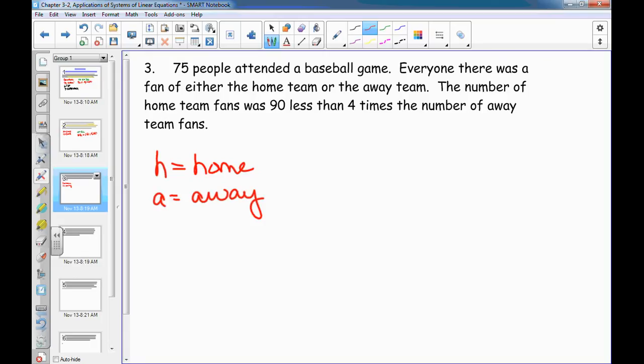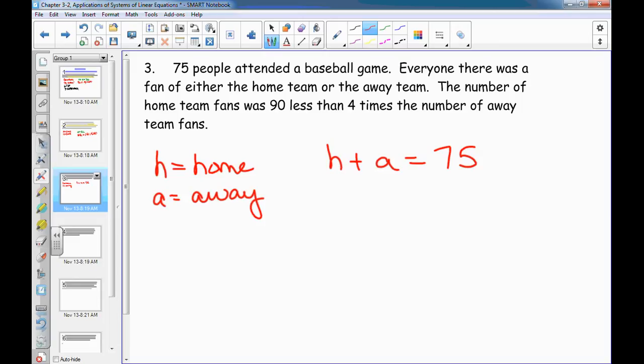So what's my first equation? Good job. H plus A is equal to 75. Because the parts added together have to equal the whole. The parts are the home fans and the away fans, and all of that together has to equal the total fans, which is 75.